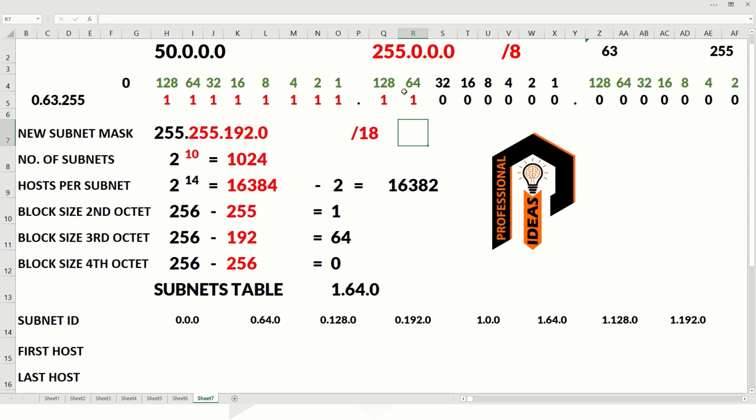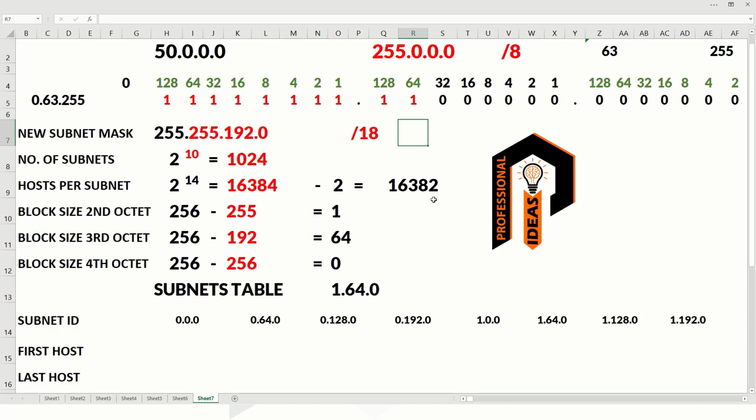Number of subnets will be 2 raised to power 10 because we have borrowed 10 bits, which is equal to 1024, and number of hosts per subnet will be 2 raised to power 14 since 14 bits are left for the host segment, which is equal to 16,384, and after subtracting 2 we get 16,382 valid hosts for each subnet.